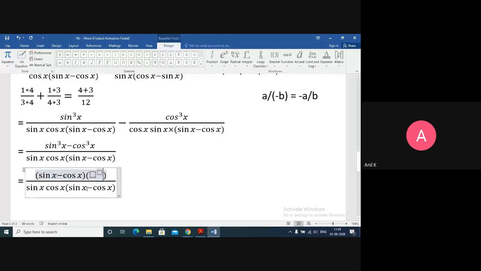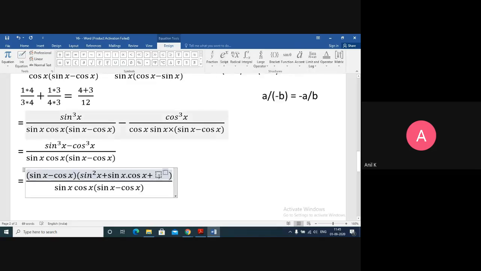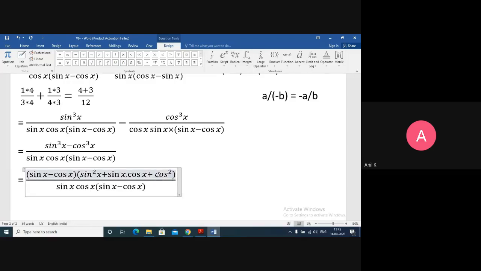A square means sin square x will come here. A square plus ab, that is sin x into cos x, plus b square. B square means cos square x.